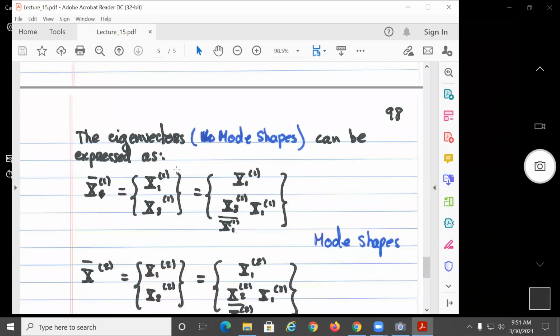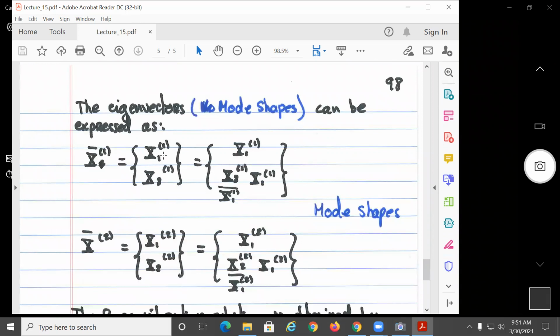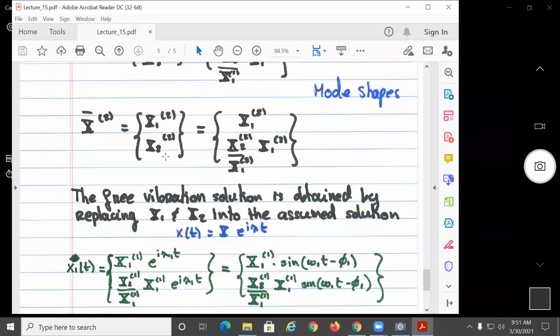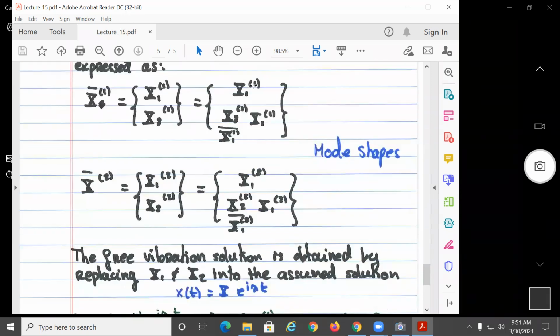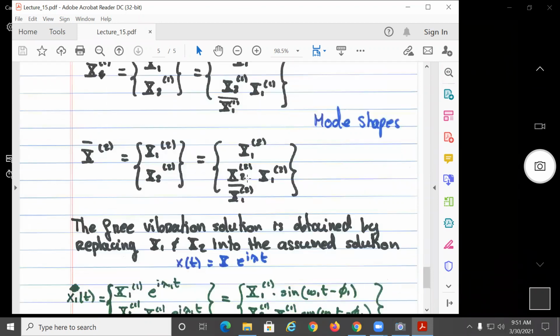Okay, right now it might look complicated, but this is pretty easy. What's important here is that if this is positive, this is going to be positive.